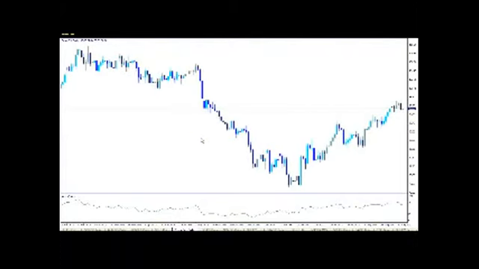Let's take a look at a trend line which indicates a down move, something bearish. Right here, this is indicating a bearish trend line. We can also say that right here it is beginning to level out a little bit. It's a second bearish trend line.